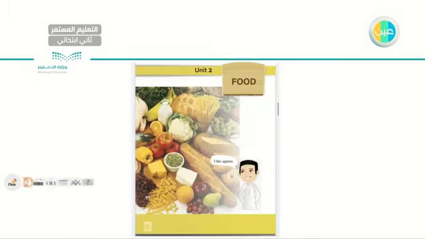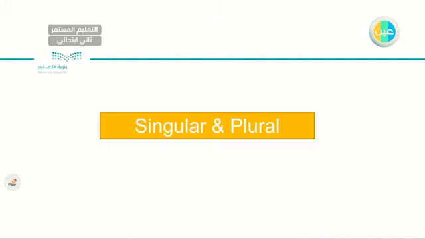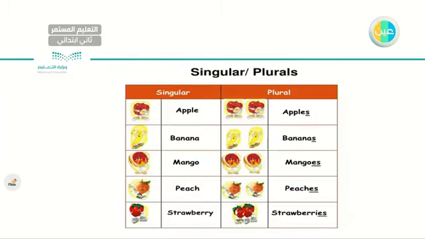As I told you before, the name of our new unit is called Food. We'll be discussing the names of some food. I will give you the difference between singular and plural. So let's start. What do we mean by singular and plural? As you can see here, I have an apple, just one apple.